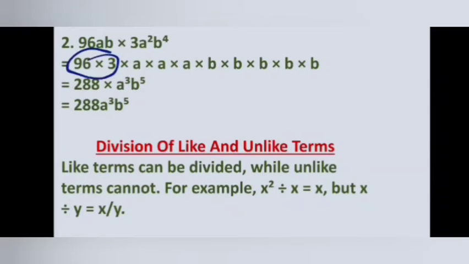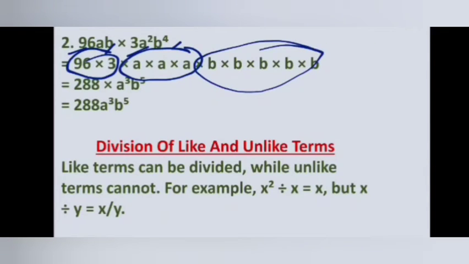You have 96 times 3. Then the letters, when you count them, you're going to have 3 a's, so you multiply them out, expand them. Then if you count the b also, you have 5 b's. Also multiply them out, as you can see.